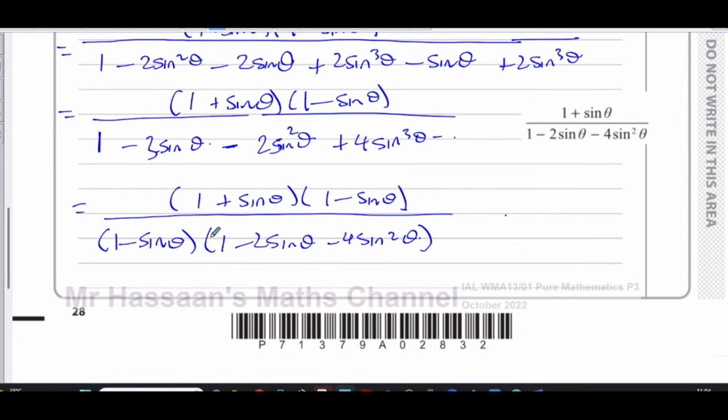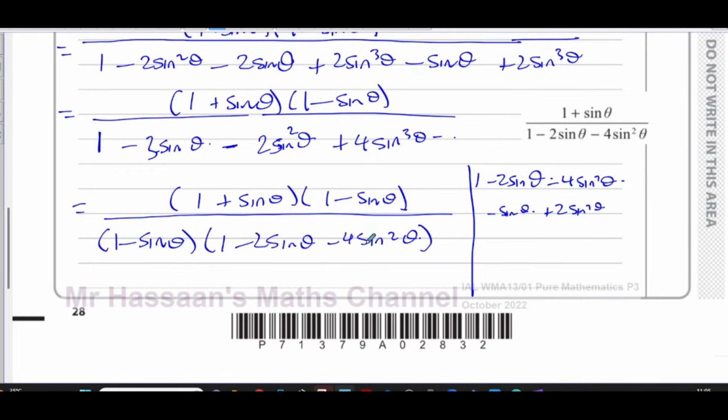So let's see, we have 1 times 1, which is 1, that's fine. You have minus 2 sine theta, and you have minus 4 sine squared theta. So let's write it over here just to make sure. You have 1 times 1, which is 1, and minus 2 sine theta, then minus 4 sine squared theta. Then you have minus sine theta, and then plus 2 sine squared theta.